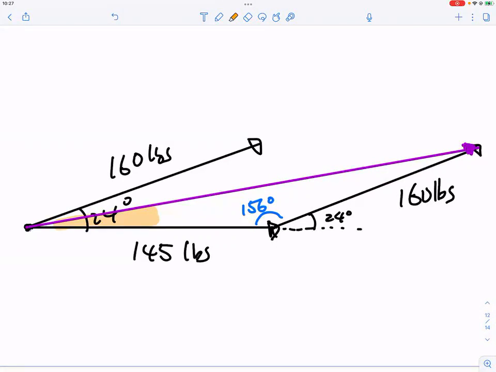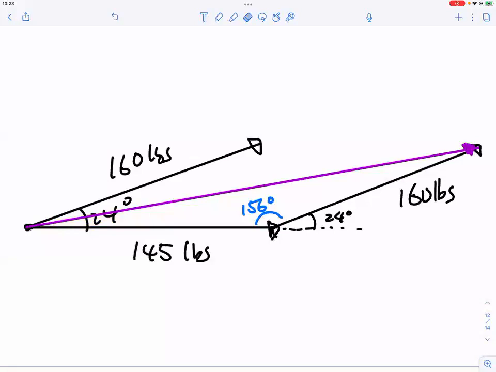Either they assumed it's 24, which is wrong because the big angle is 24, or they wrongfully assumed this is 12, which is half of 24. It's not divided by 2. The diagonal is not an angle bisector. It's not 12 degrees.